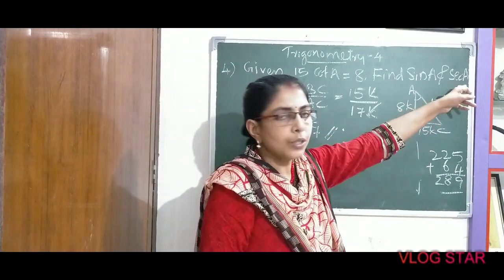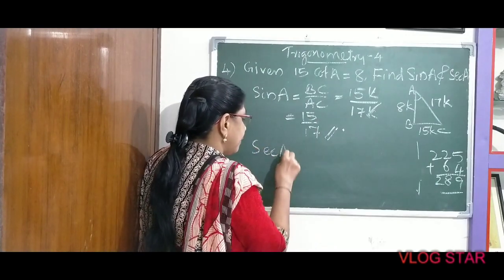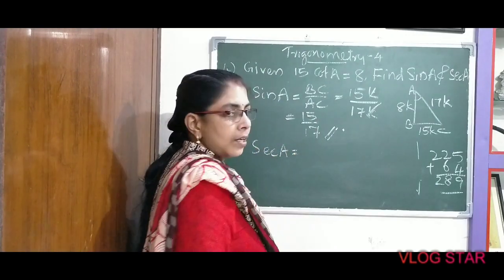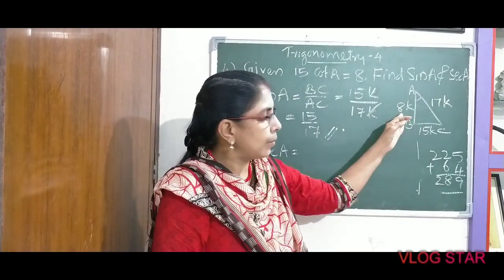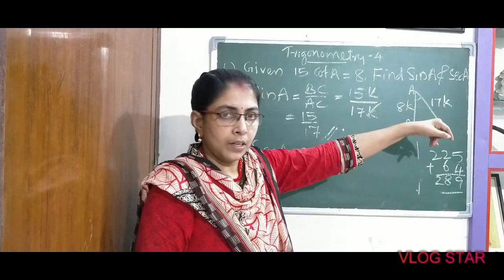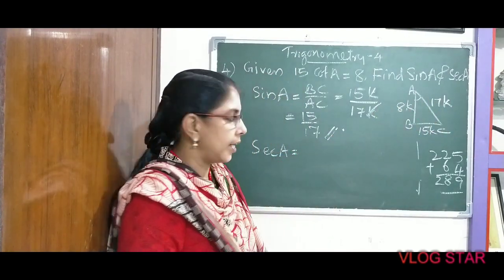Next, we have to find sec A. Sec of an angle A, we know that sec is the reciprocal of cos. Cos is adjacent side upon hypotenuse. Therefore, its reciprocal means hypotenuse upon adjacent side.